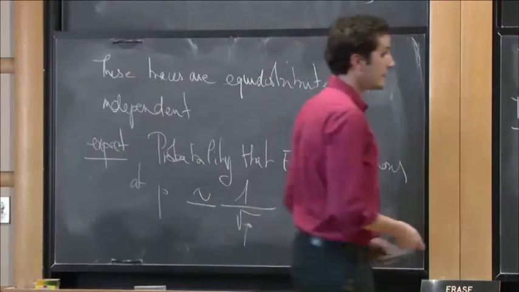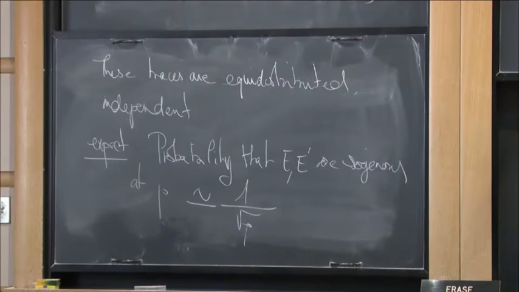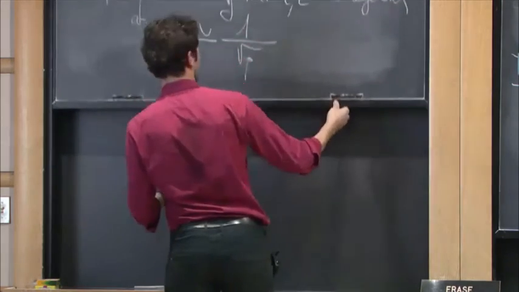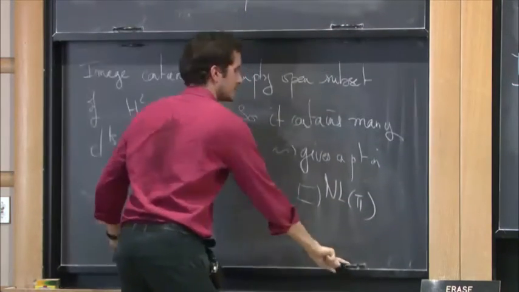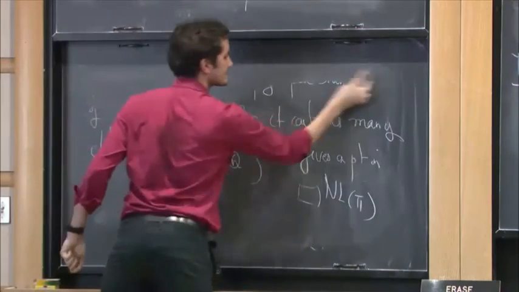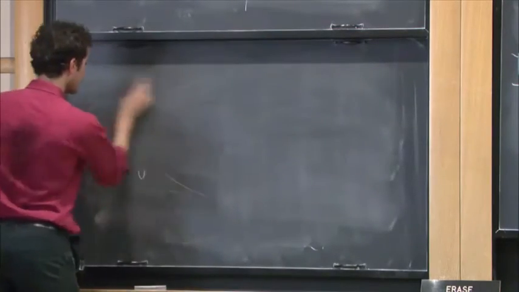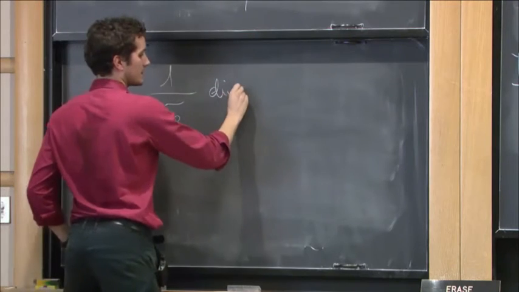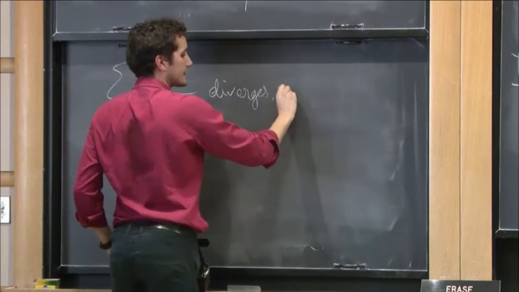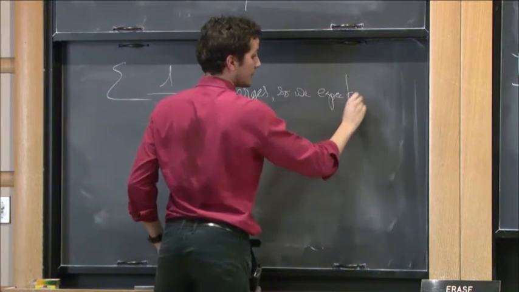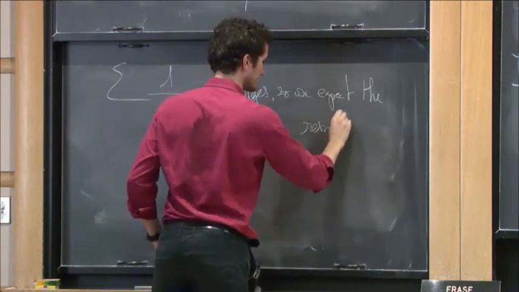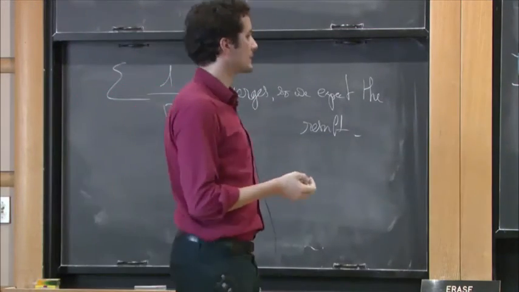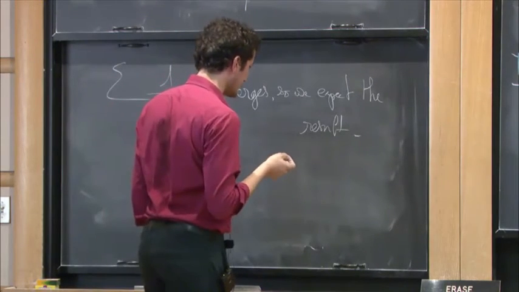And now this sum diverges, so we expect the result. And as I said before, we expect even a little bit more: that they are isogenous modulo infinitely many primes. We don't have to use a base field extension.